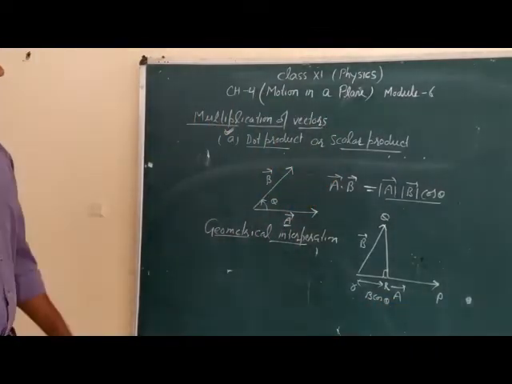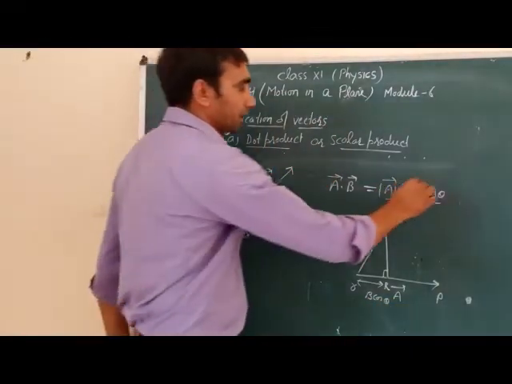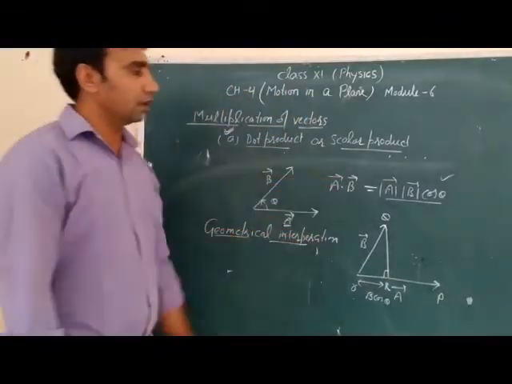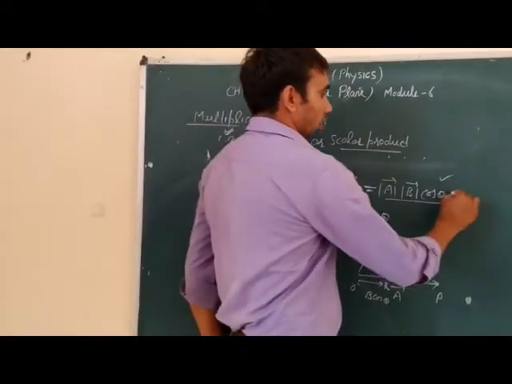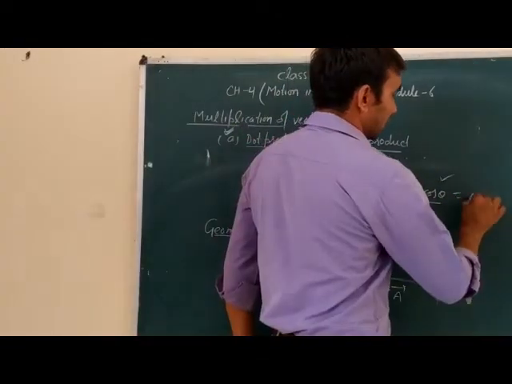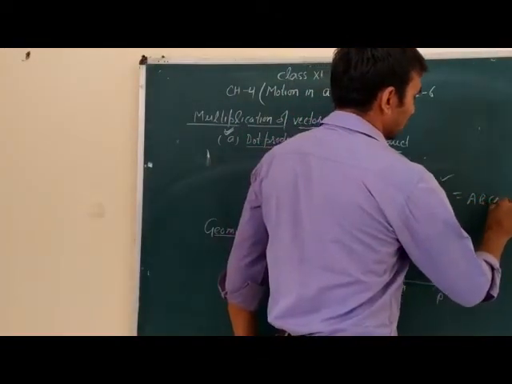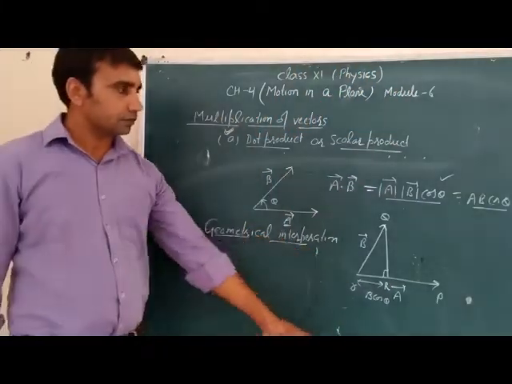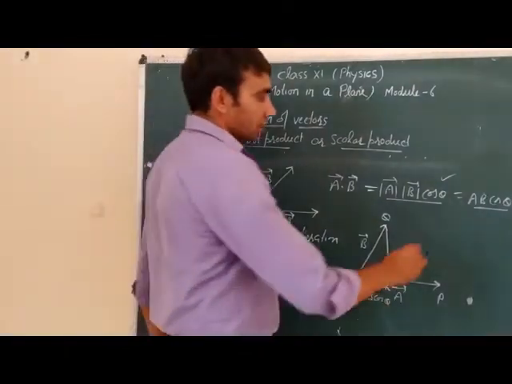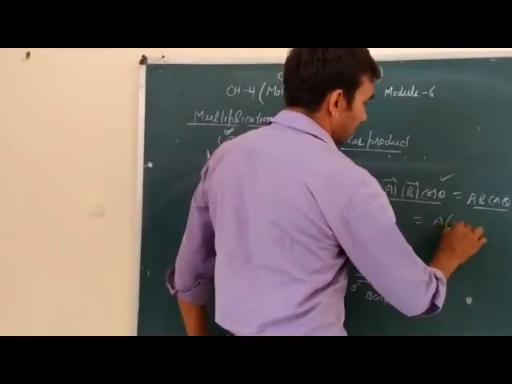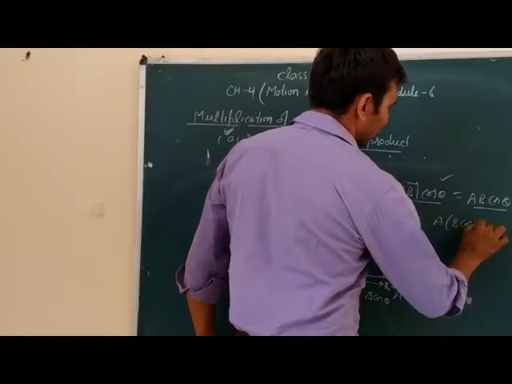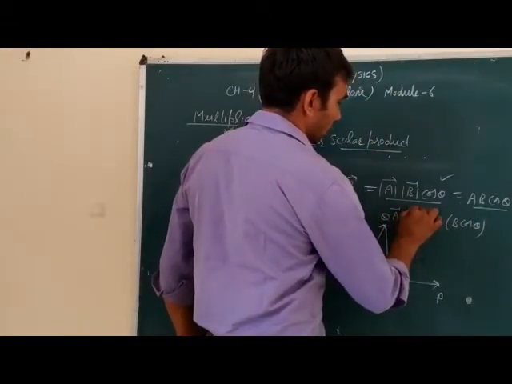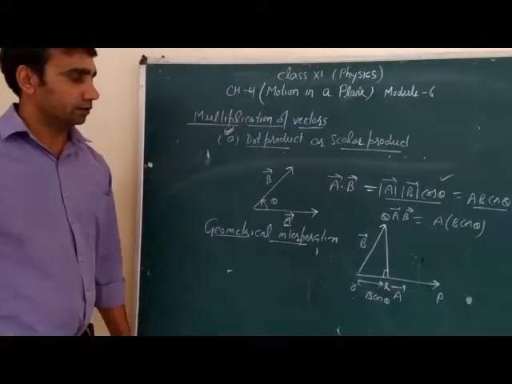Now again, the dot product of vectors A and B is equal to the magnitude of vector A times B cos theta, that is A dot B equals AB cos theta.